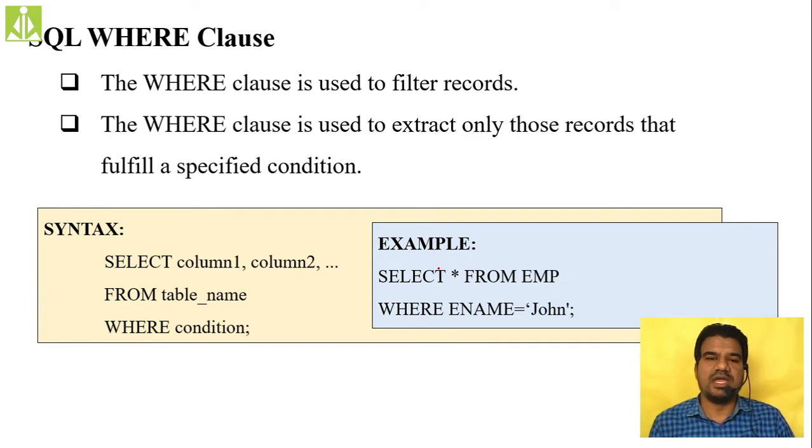Let us say you have all employee records in your table, and you want only the employee names whose age is more than 30 years. You have records of multiple employees inside your database, but you want to impose a condition and filter your data so that you get the employee details whose age is more than 30 years. The rest of them you simply want to ignore.